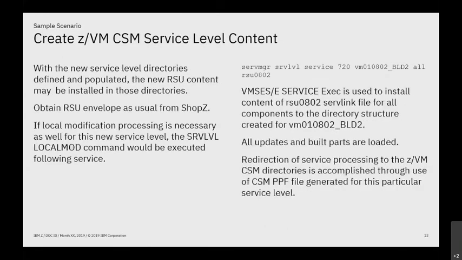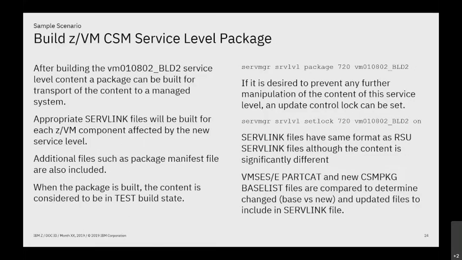So once I've defined the new service level, I need to run service to add that RSU content. That's the same as what we saw earlier. I'm just going to install the content of that servlink RSU file. And then I'm going to package that service level using the serve level package command.